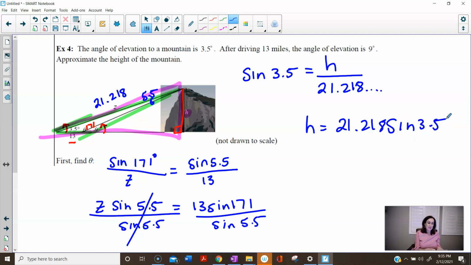On your graphing calculator, you can arrow up and grab that full number and then hit enter, then type in sine, and then type in 3.5, close the parenthesis, hit enter, and you're going to get 1.295. So the height of the mountain is 1.295 miles. Nice job. You try on your own, and you're all done.